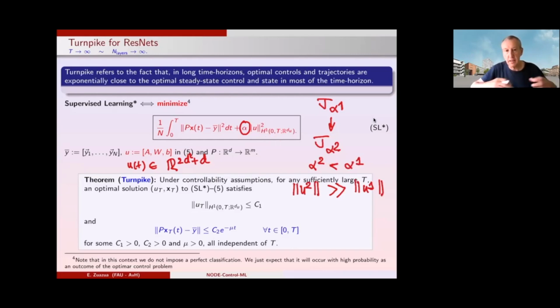This is like if using control will be cheaper. It's like when if the electricity will be free, then we will probably be consuming much more electricity than when electricity is expensive.